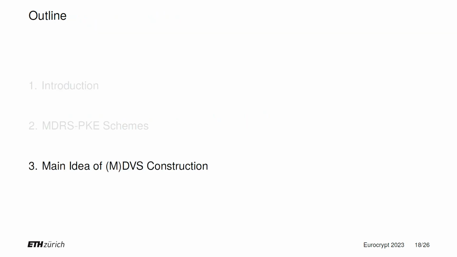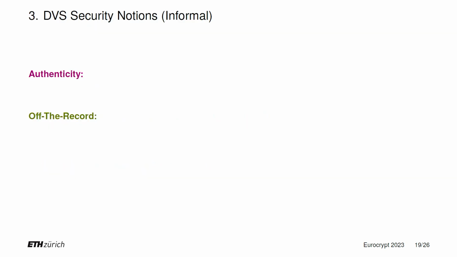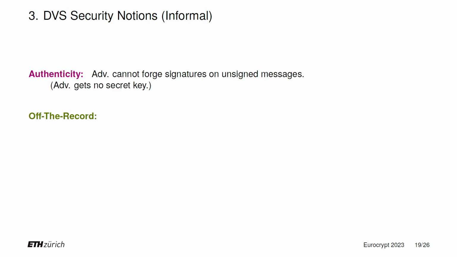Okay, so first let's just have a brief recall of the security notions for DVS schemes. For authenticity, we want that an adversary cannot forge signatures on messages that were never signed. And here, the adversary gets no secret keys. The second property is off the record, and there are two cases for this property.